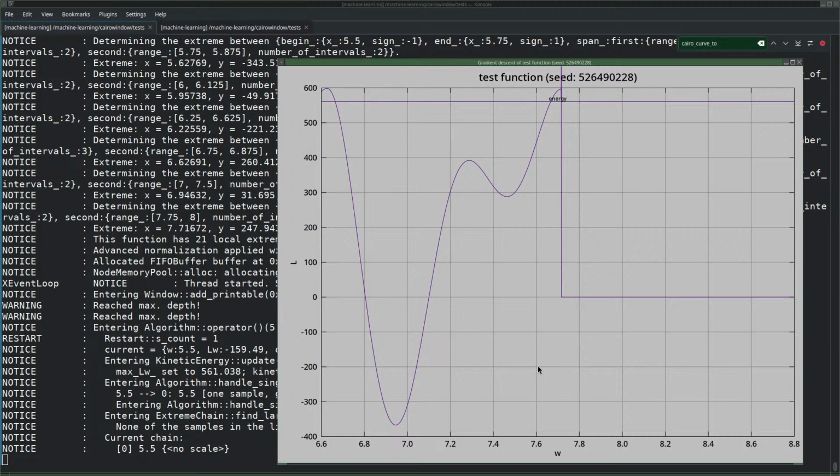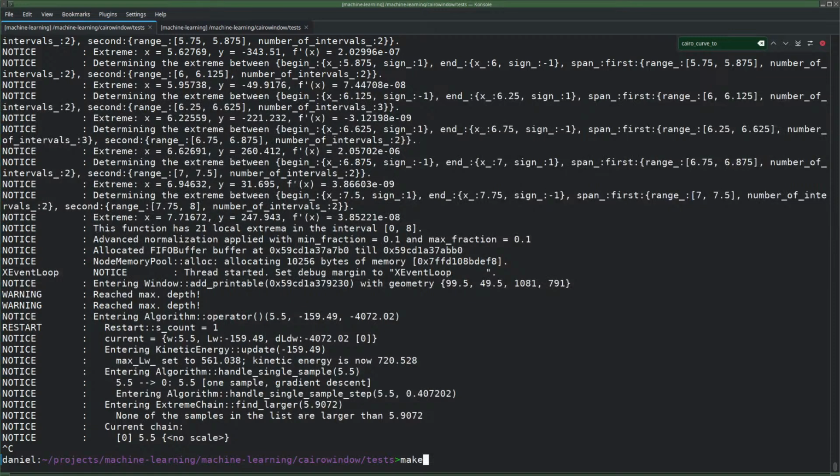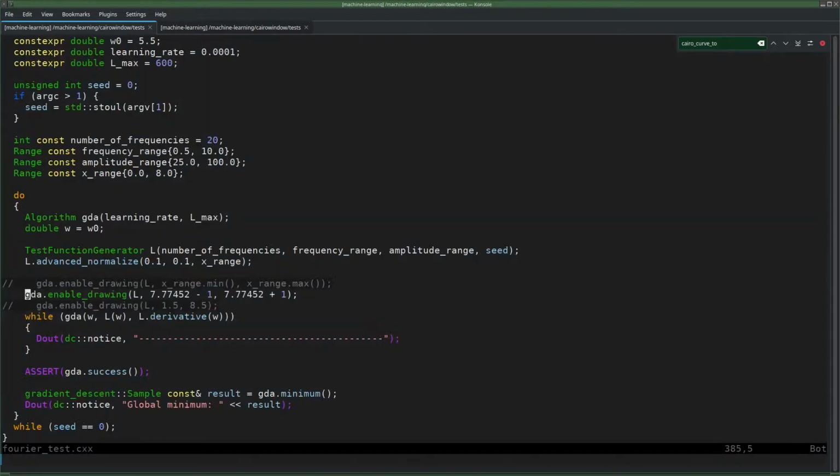This looks like a 7.7 something. So how did I not see that 1 second ago? Huh? 7.7. This is 7.7.